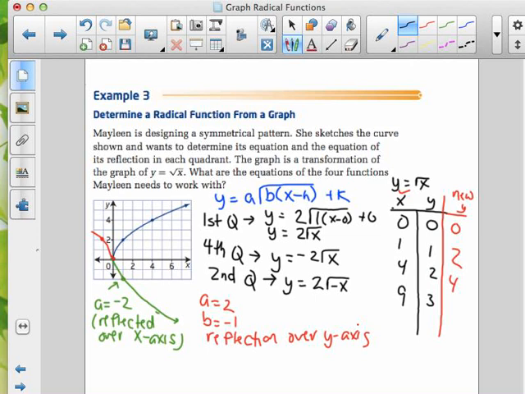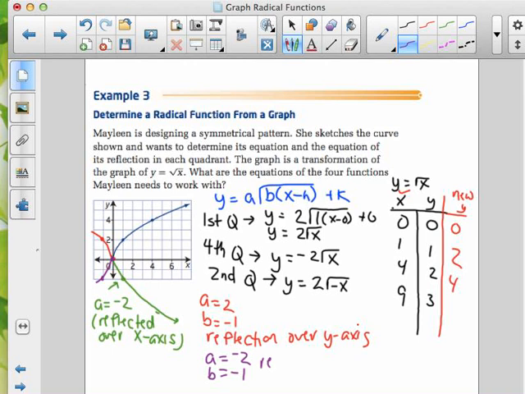Well, now what if we want to be here in the 3rd quadrant? In other words, we want to be reflected over both the x-axis and the y-axis. And so if we want to be reflected over both, a is going to have to be negative, and b is going to have to be negative.